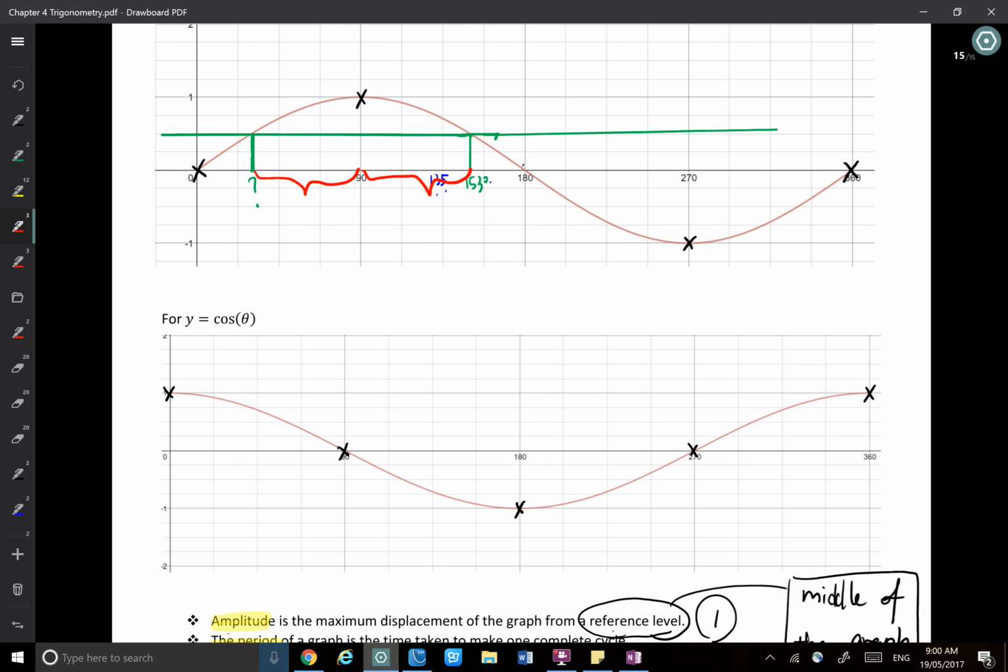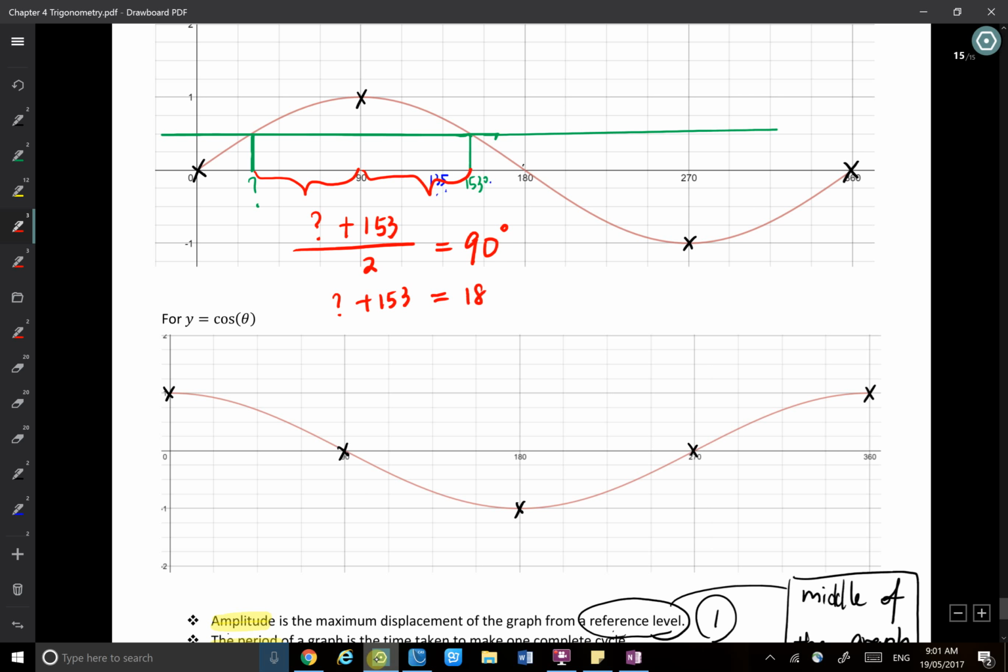So if the middle is 90, I can use the formula: question mark plus 153 divided by 2 will give you 90 degrees. Add them, divide by 2 will give you the middle. The formula x1 plus x2 divided by 2 will be the middle, y1 plus y2 divided by 2 will be the middle. So question mark plus 135 equals 180.